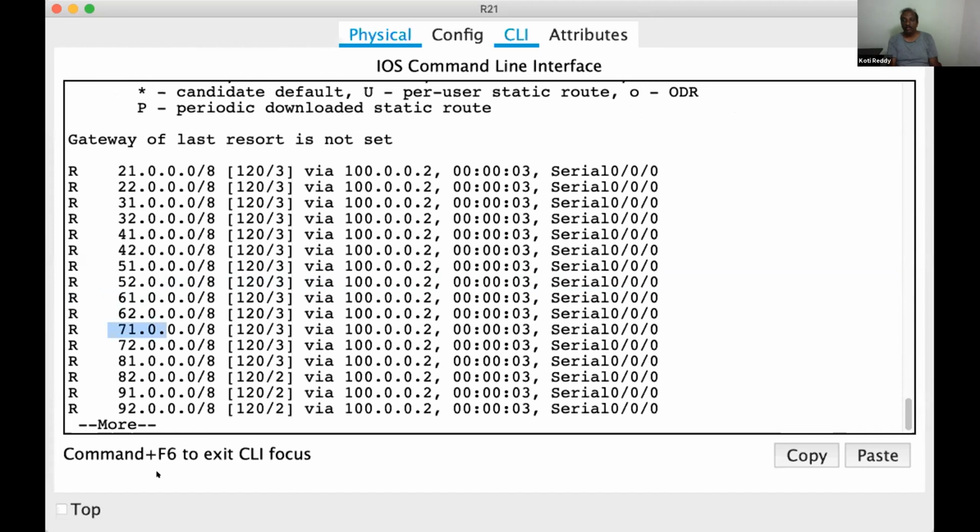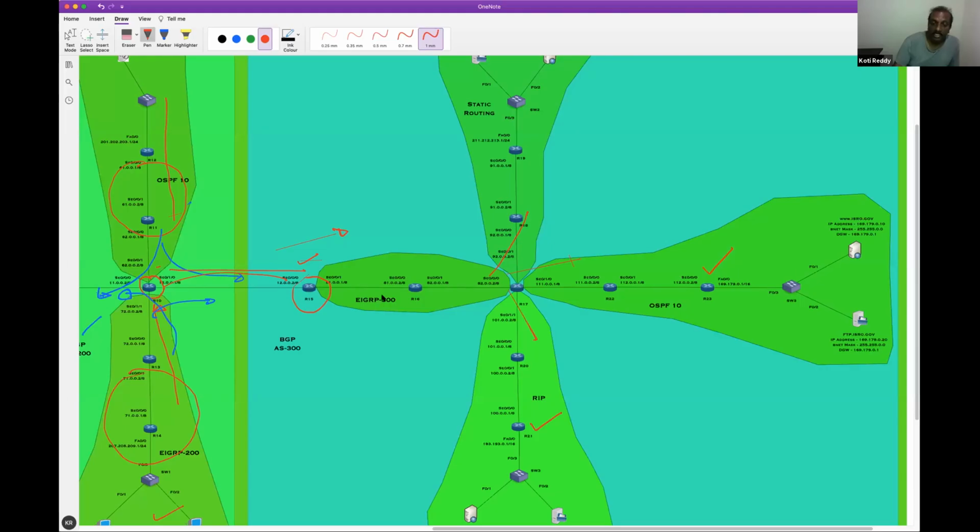So what happened so far? ISP1 routes have gone to ISP2 and ISP3. ISP2 routes have also gone to ISP1 and ISP3. Now what should I do? ISP3 routes should go to ISP2 and ISP1, right? Let's see that.